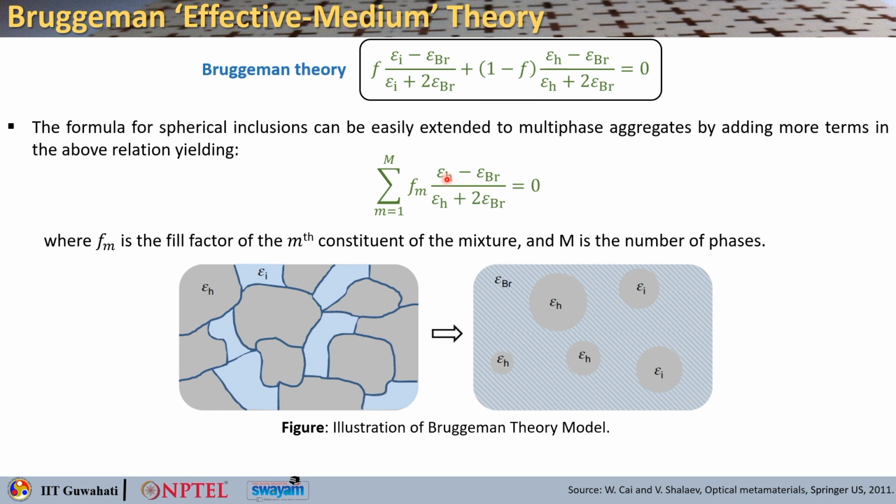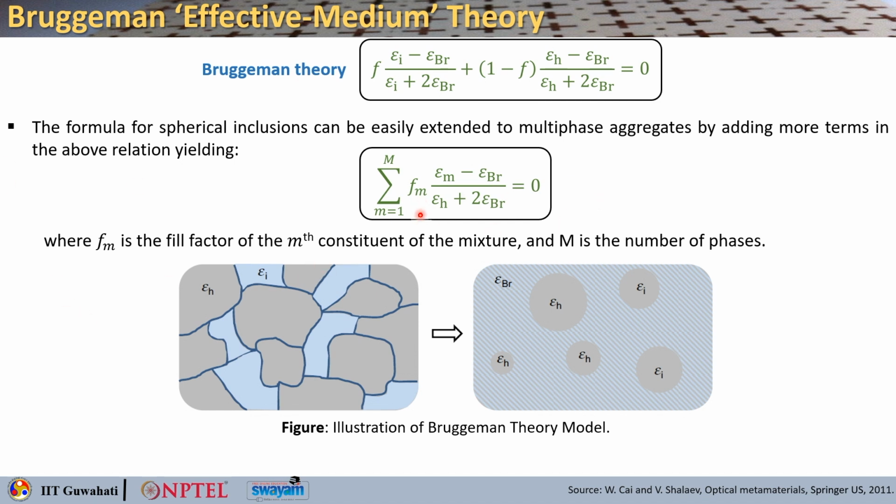So, that will tell you the fill factor. So, there are a total of M phases of materials present. The probability of finding each phase will be f m, and the permittivity is epsilon m. The summation should add up to 0, right.